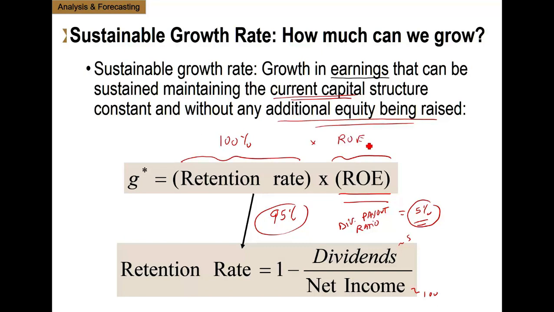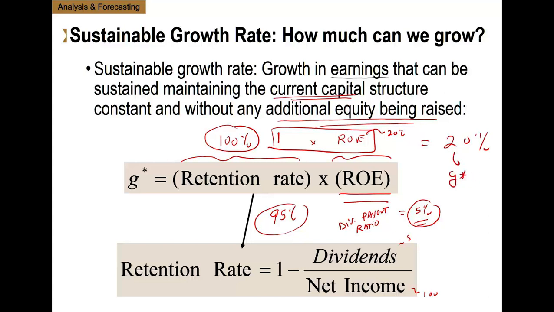If your ROE is, say, 5%, 10%, 20%, then your sustainable growth rate will be exactly that ROE, only if you have a retention rate of 100%. So 100%, or 1, multiplied times your ROE will give you your sustainable growth rate. In my example, if your ROE is 20%, 20% times 1 is 20%. That is your G star.